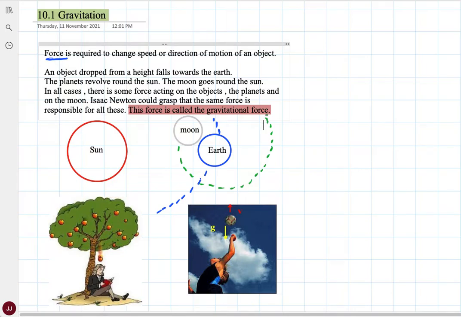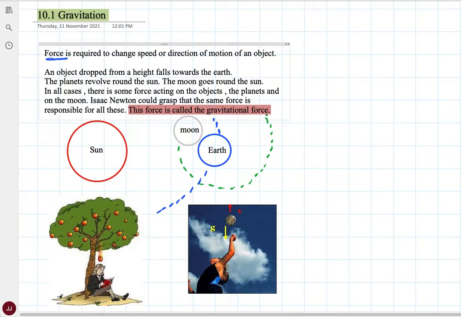And we know the other famous example, Isaac Newton. He was sitting under a tree, the apple falls, right? So there is a force of attraction for the apple towards the earth. Sir Isaac Newton observed these motions, and there is a force governing this motion.